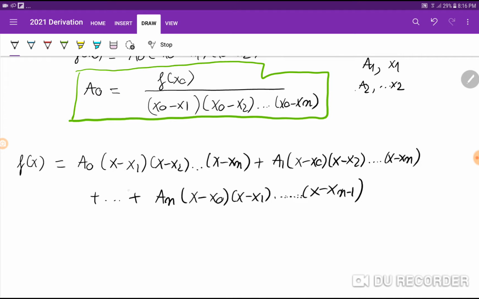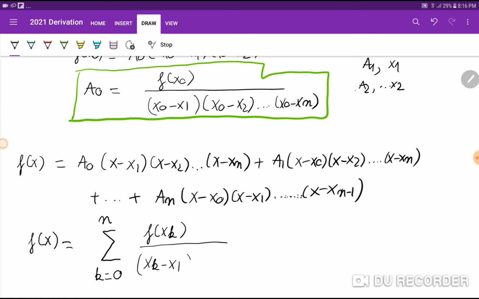f(x) is a summation, right? So it's the summation of k equals 0 to n of a0. You replace this term by, you have to think generally. So instead of a0, you have f(xk) over (xk minus x1), (xk minus x2), on the way to (xk minus xn), right?